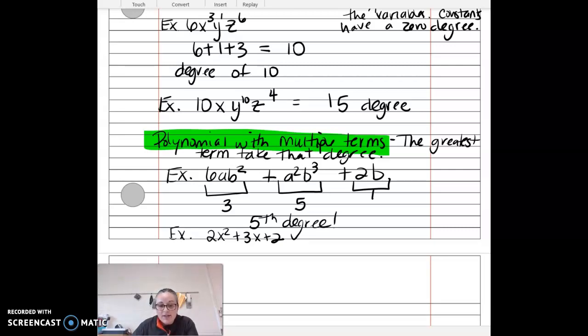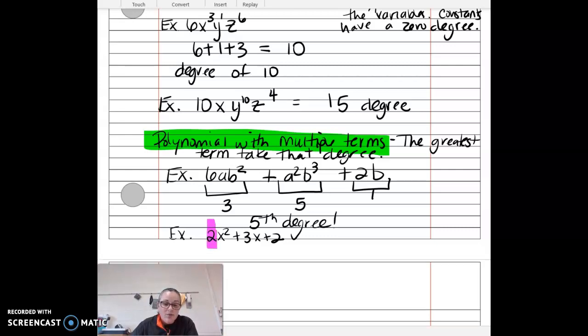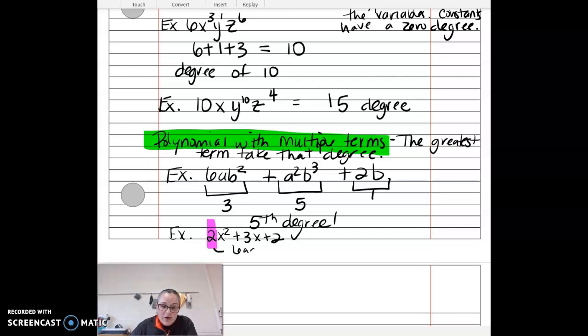It is a second degree polynomial because out of the three terms, the x squared is the biggest one. 2 is your constant, but your leading coefficient is actually the one that leads the polynomial itself. So the number 2 at the front is your leading coefficient.